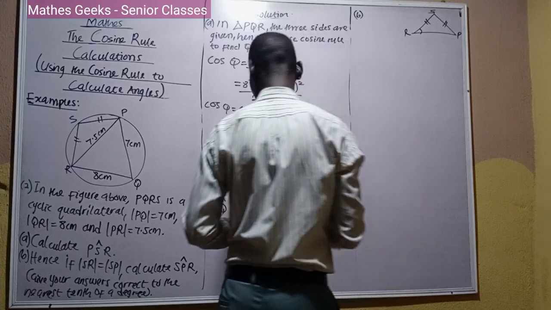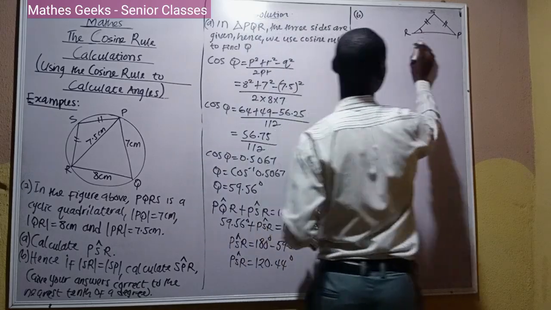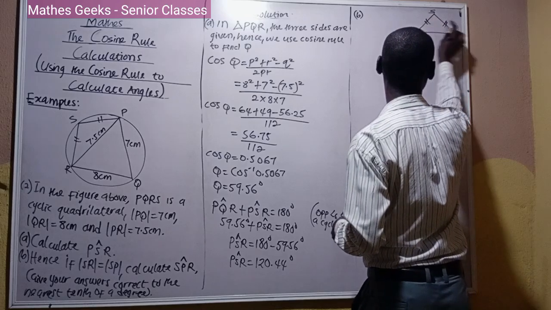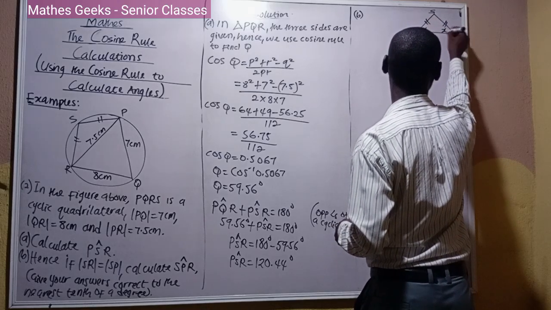Okay. So in an isosceles triangle, since the two base angles are equal, if we indicate this one to be x, definitely there is also x here.